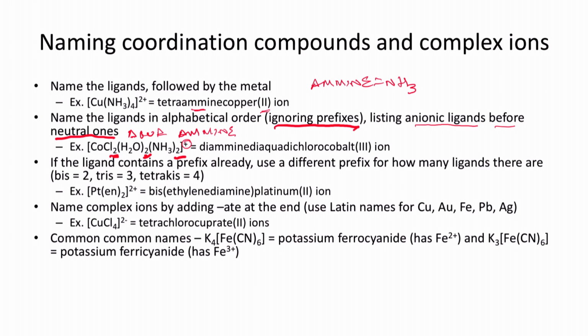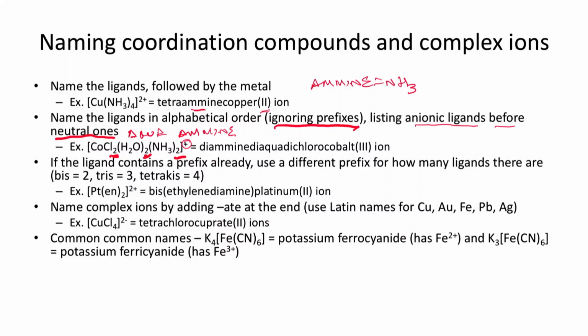If the ligand already has a prefix, then we have to use a different prefix for how many ligands there are. Okay, and so here we have to use some kind of Greek terminology. Bis means 2, tris means 3, and my favorite, tetrakis means 4. And so for example, this ethylene diamine that you saw a second ago that was bonded to the platinum, if I had 2 of those, since there's already di in the ethylene diamine, I can't use di again, so I use bis instead.